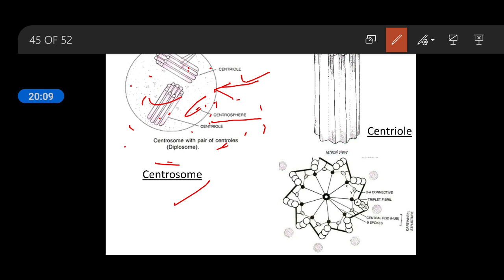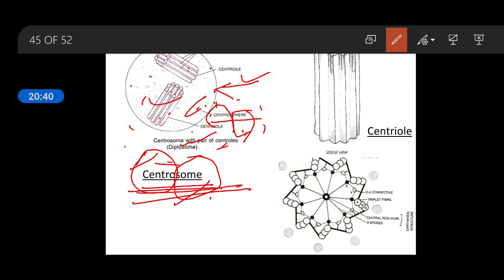Okay, so in this diagram, the centrosome: centro means center, some means body, so it is a body, and centro stands for centriole actually. So the centrosome is a body which contains centriole. Centrosphere: sphere means a ball like structure surrounding.